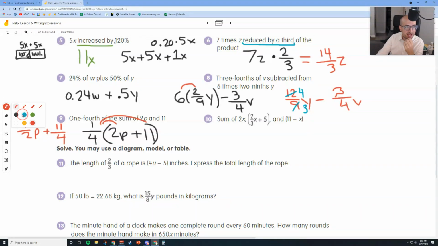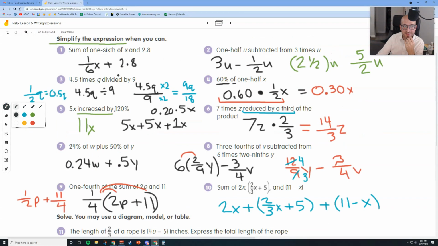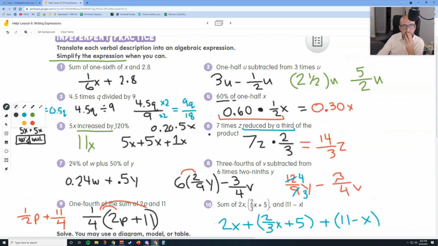Nice. Last one. The sum of 2/3 x plus 5, we can put in parentheses, and 11 minus x. I know some of you guys are going to get away with, oh, I'm done. This says simplify the expression.